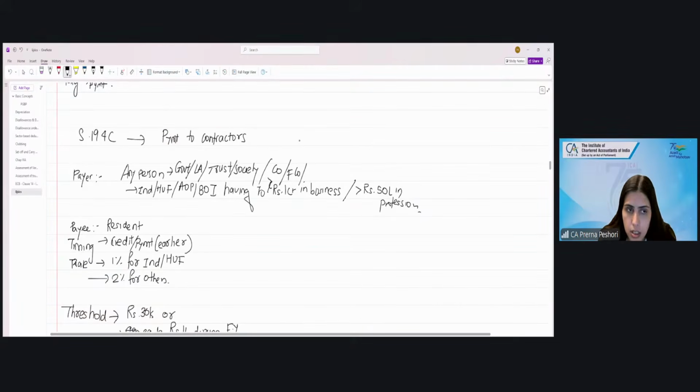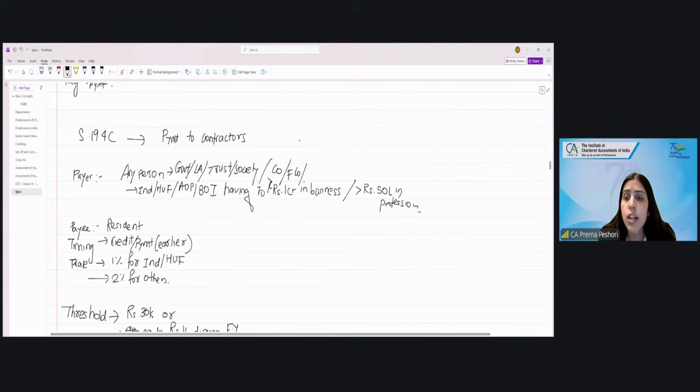Any person other than individual or HUF or AOP or BOI. So any person, it can be the government, it can be a local authority, it can be a company, it can be a cooperative society, it can be any trust, it can be any partnership firm, right?